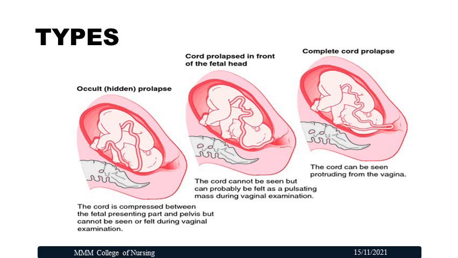In this second type, we can feel the cord pulsation when we do the internal examination. Then the third one, cord prolapse. Here the cord will be present outside the vagina, so we can see it with our naked eye itself. So these are the main three types of cord prolapse: occult prolapse, cord presentation, and cord prolapse.